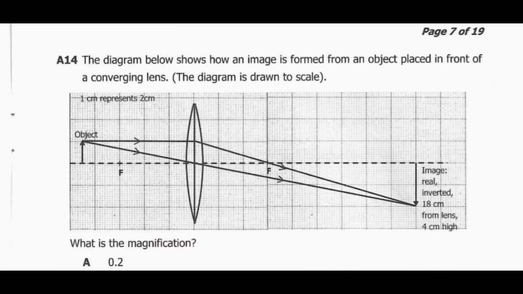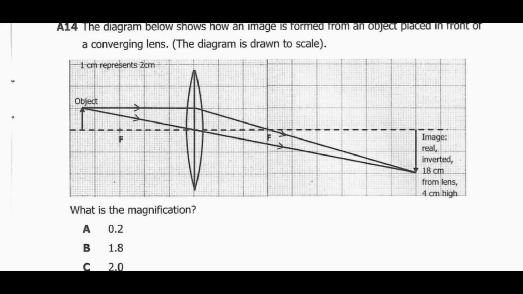Then question 14, the diagram below shows how an image is formed from an object placed in front of a converging lens. The diagram is drawn to scale. Whenever we are told drawn to scale, it means we are dealing with actual measurements. Now 1 centimeter represents 2 centimeters.